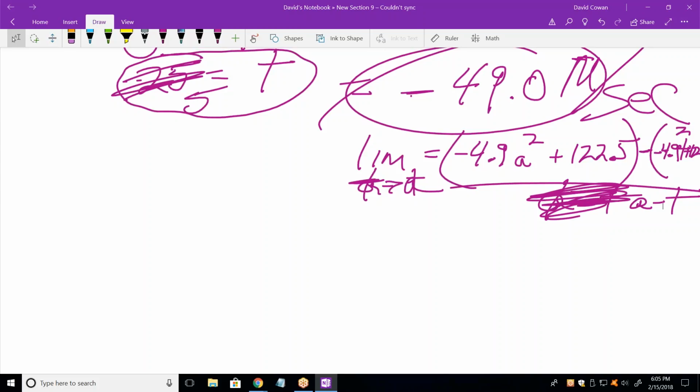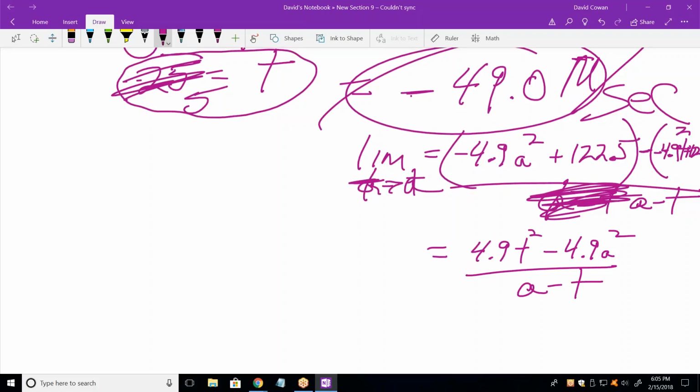Okay. So if I try to solve this, I get 4.9t squared minus 4.9a squared all over a minus t. And I want the limit of that as t goes to a, correct? Yeah.